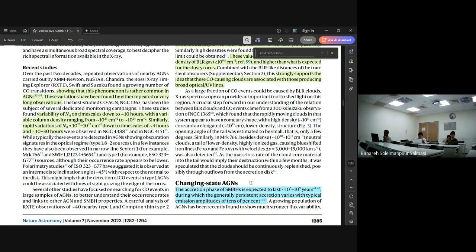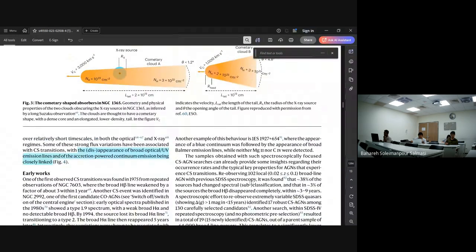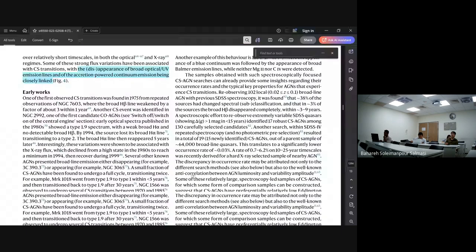Here we see the broad line region come into our observations, or go out of our observations, and vice versa. So we have the disappearance or reappearance of broad optical and UV emission, and of the accretion powered continuum emission being closely linked.